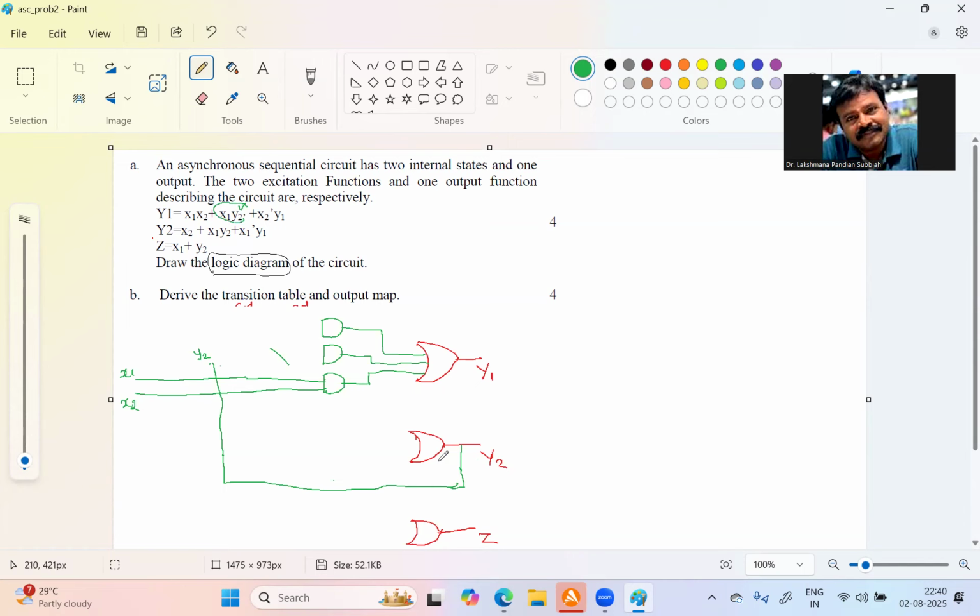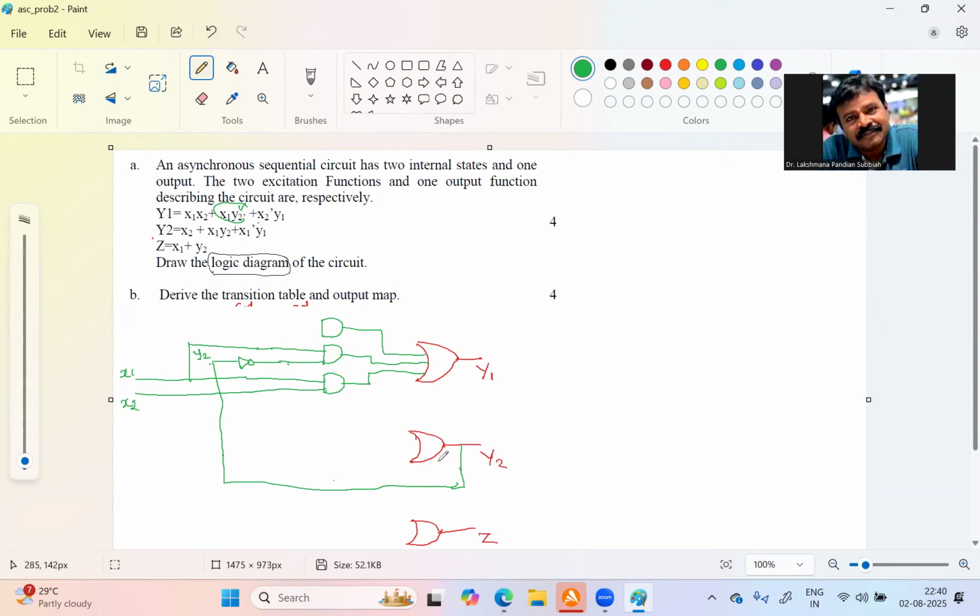x1, y2 dash: you connect y2 through an inverter to get y2 dash, and take one more input from x1. This is over.